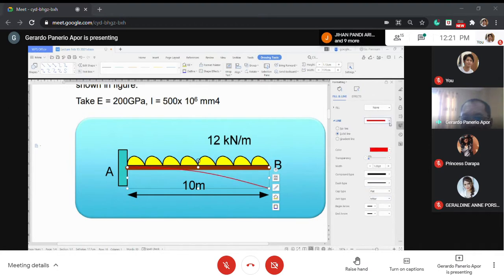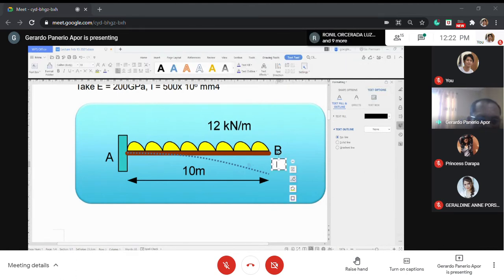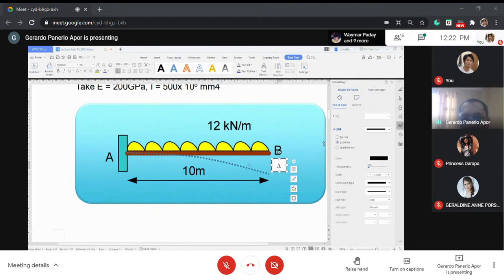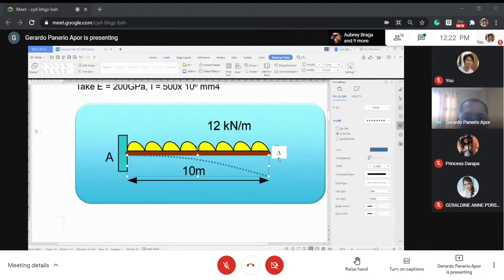Then I will use this kind of line. So the displacement we are looking for is somewhere here. I will say big D, because if I'm going to convert that into a symbol, it is delta. I'm going to put no line. So that's the delta we are looking for.